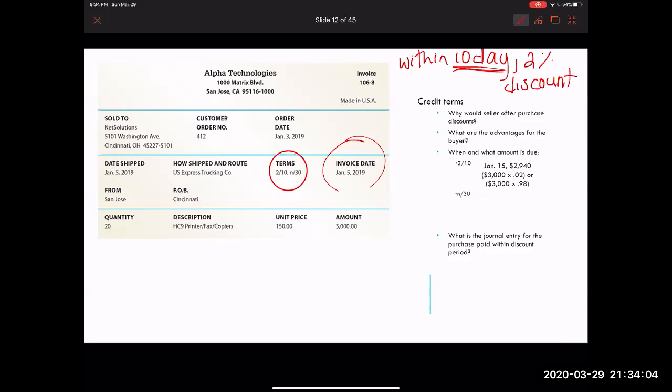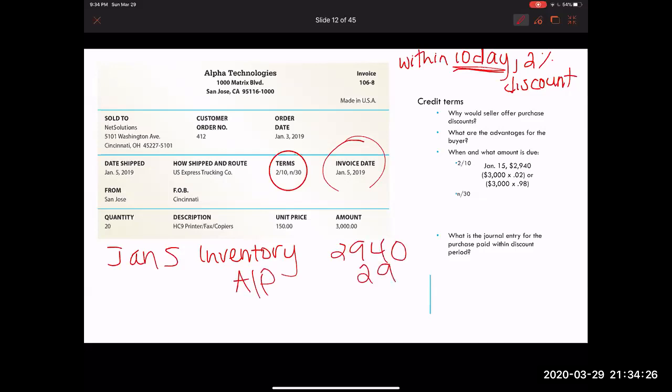So if I'm recording this on January 5th, my journal entry is a debit to inventory of the discounted amount, us taking advantage of the 2% discount, which is the $29.40, and then a credit to accounts payable. Then on January 15th, 10 days from now, we do a debit to accounts payable, $29.40, and then we pay out cash, $29.40.